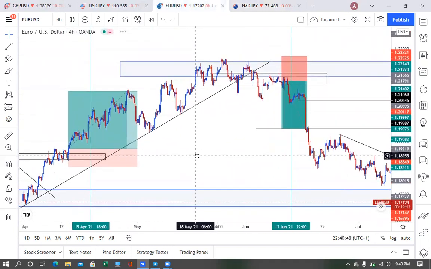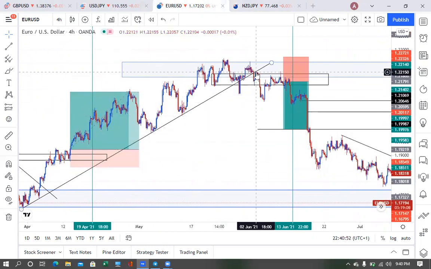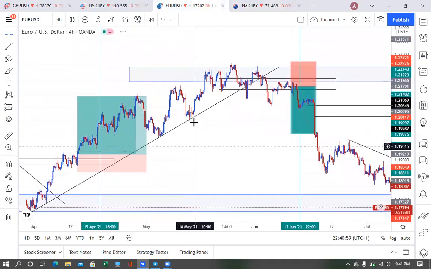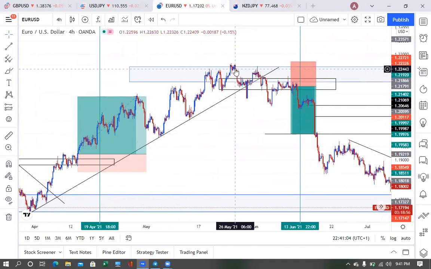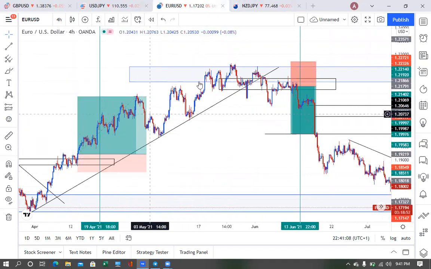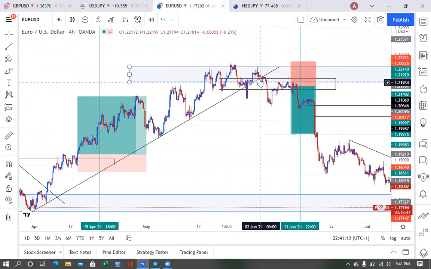You can see here the strategy that we defined was the break and retest strategy, and we have backtested this strategy. Now our market condition here is an uptrend, so we are willing to see a break to the downside and retest this low and then go down.